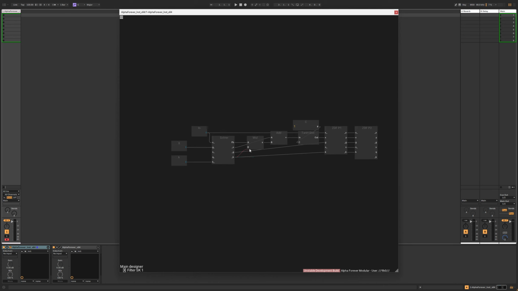And we can also multiply K with K there. And this should be working. Maybe it's better to align this like this. Yeah, that looks better.